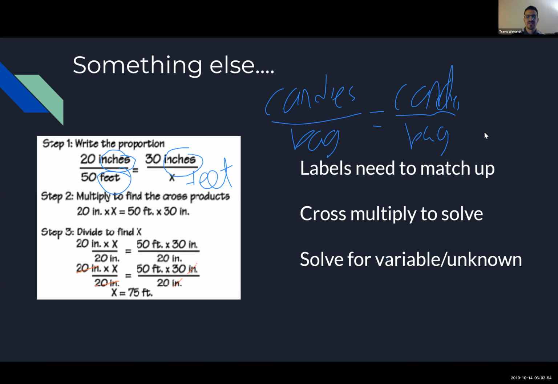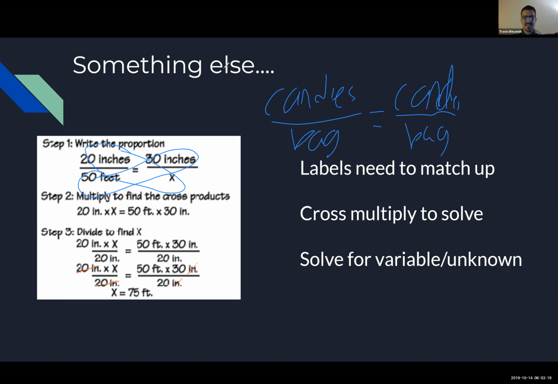All right, the second one is we cross multiply to solve it. Look back at the previous example where they used cross multiplication. In this example, I will be cross multiplying 50 by 30 and 20 by x. I use these little tunnel circles, I call them tunnels, that keep everything together. I'm going to multiply those two sets of numbers based on cross multiplication.